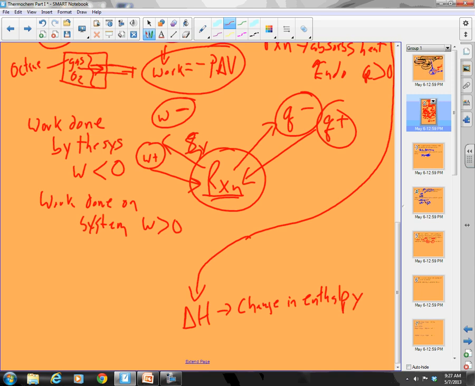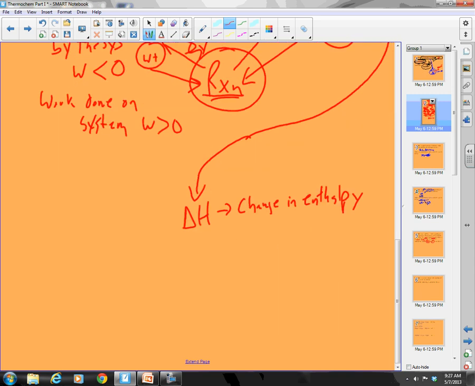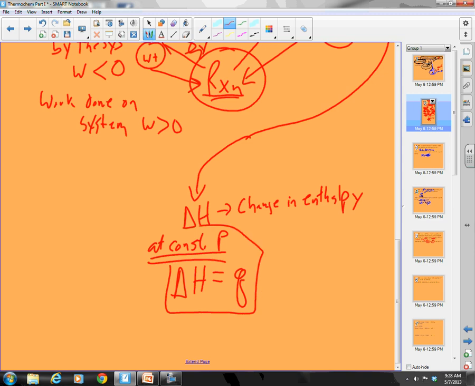And here's the cool thing. Here's what we really need to know: at constant pressure, and in AP Chem we'll show you how this is derived, at constant pressure, delta H is equal to Q. So as long as I'm at constant pressure, my delta H is equal to the heat transferred. And that is an important thing for us to remember.